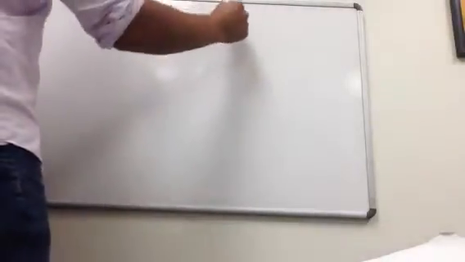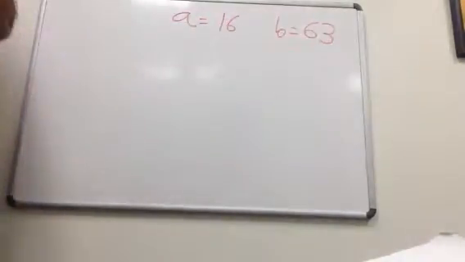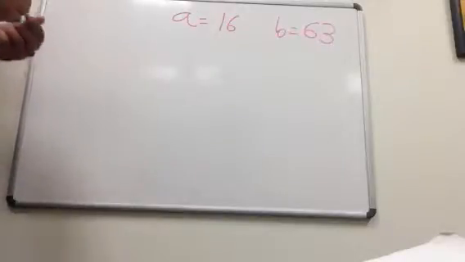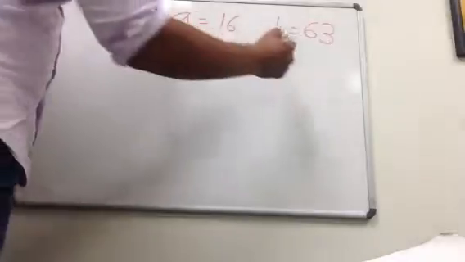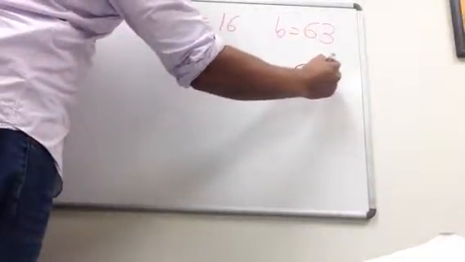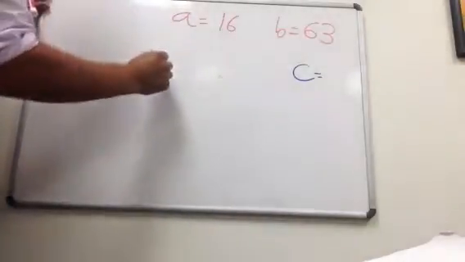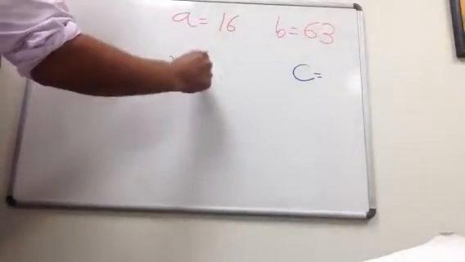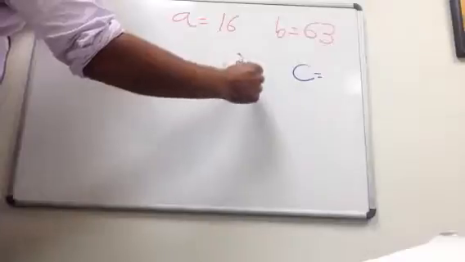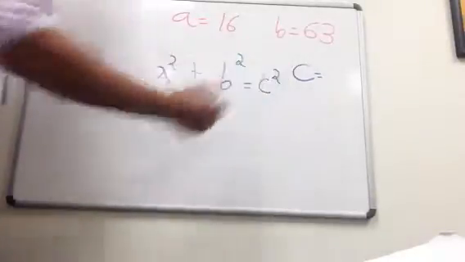Okay, so in the first exercise, they're giving you A equals 16, B equals 63, okay? So we need to find the missing value of the triangle, which is C. We don't know what it is yet, but I do know that A squared plus B squared is going to equal C squared.